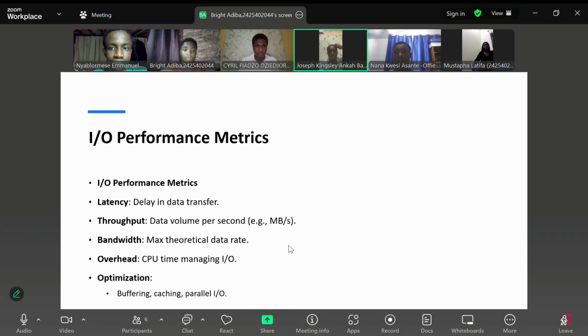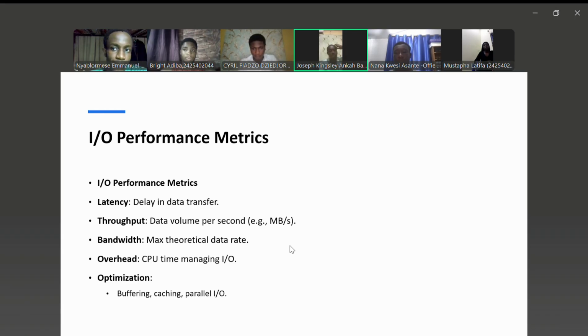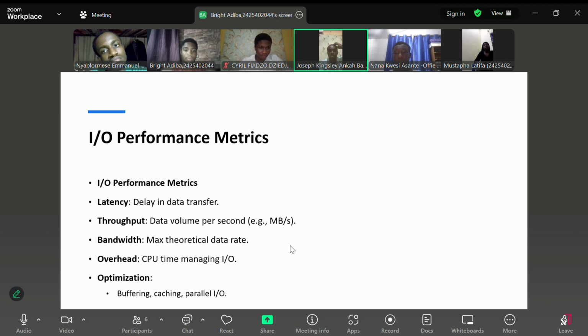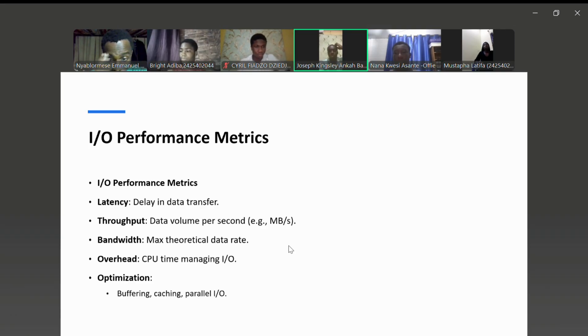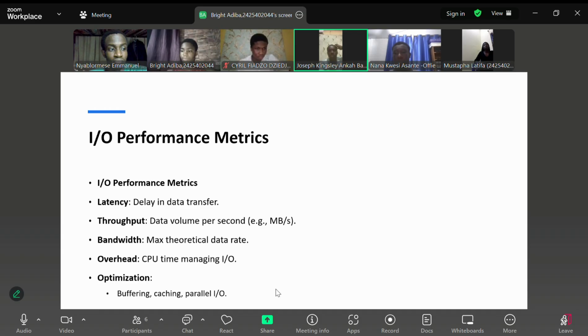Three, bandwidth. Bandwidth is the maximum amount of data that can be transferred per second. It's like the width of a highway. Four, overhead. Overhead is the extra work the CPU has to do to manage the input output. For example, every time data is read from a disk, the CPU needs to coordinate that, and that consumes processing time, which could otherwise be used for running your app.